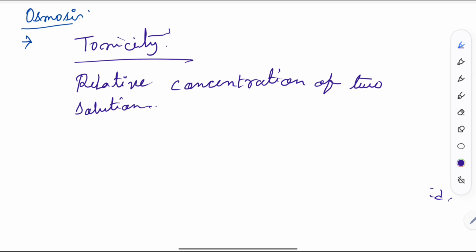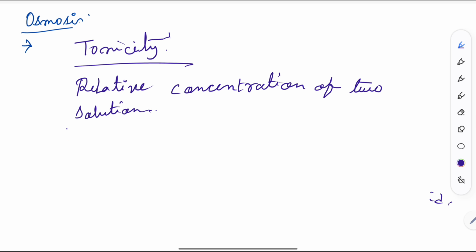Fine. Now we are going to understand the types of tonicity. First we are going to talk about hypotonic solution.